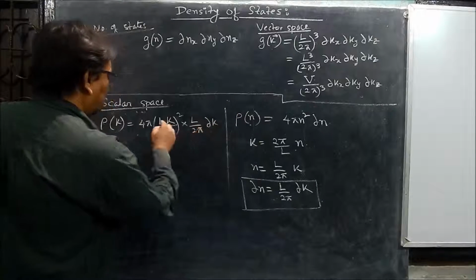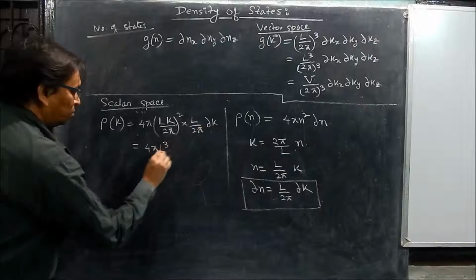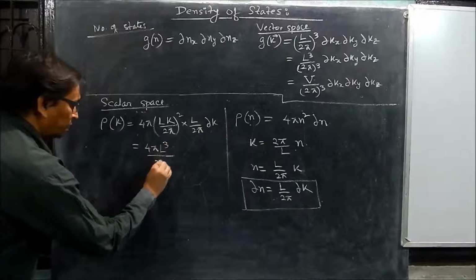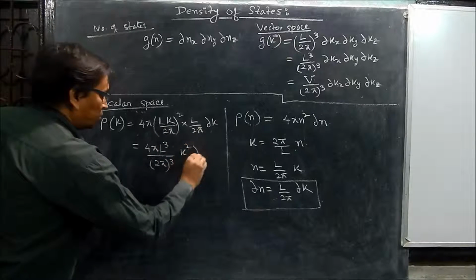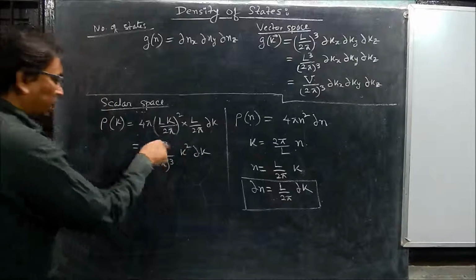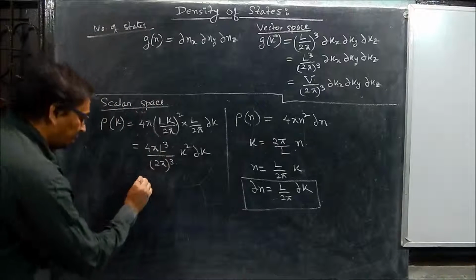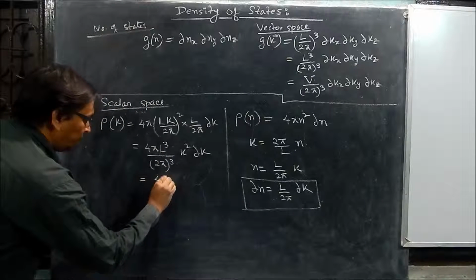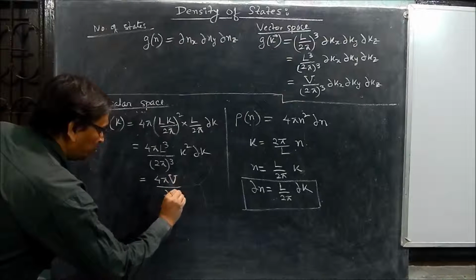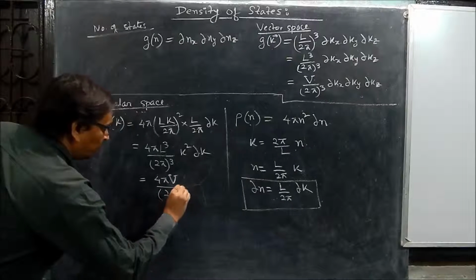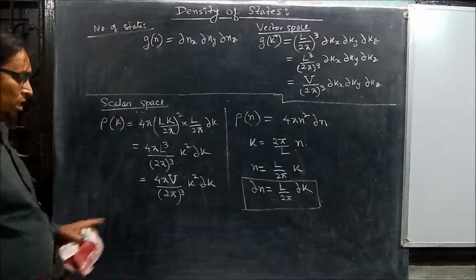So what you are getting is 4 pi, L cube by 2 pi whole cube, k square del k. Now L cube is equal to the volume that we are discussing. So this can be written as 4 pi V by 2 pi whole cube, k square del k. This is called the scalar space.